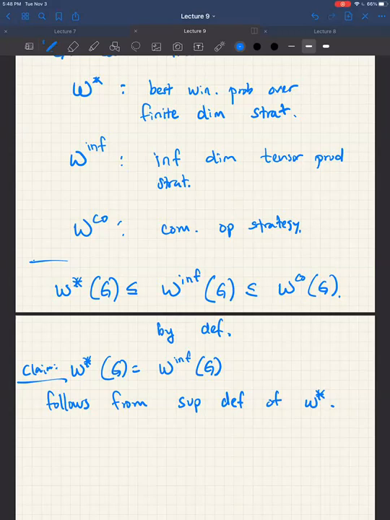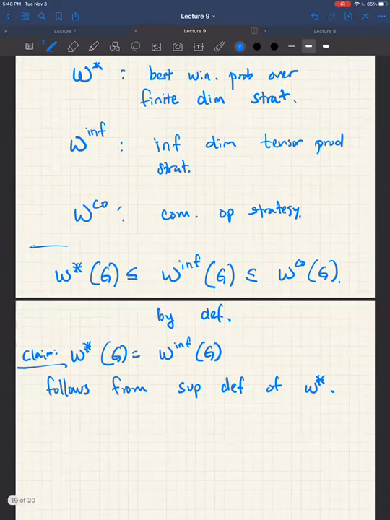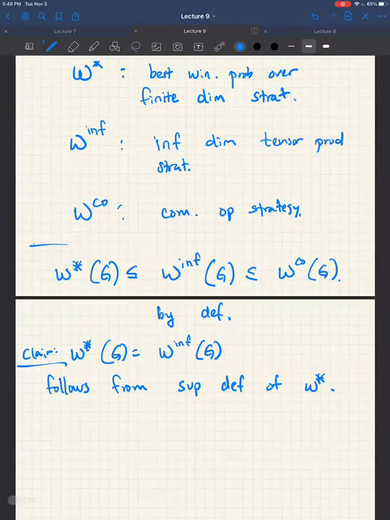Basically what it's saying is that if you had an infinite dimensional tensor product strategy, you can approximate it arbitrarily well using a larger and larger finite number of qubits. Okay, so really we shouldn't distinguish between finite dimensional and infinite dimensional in the tensor product case.